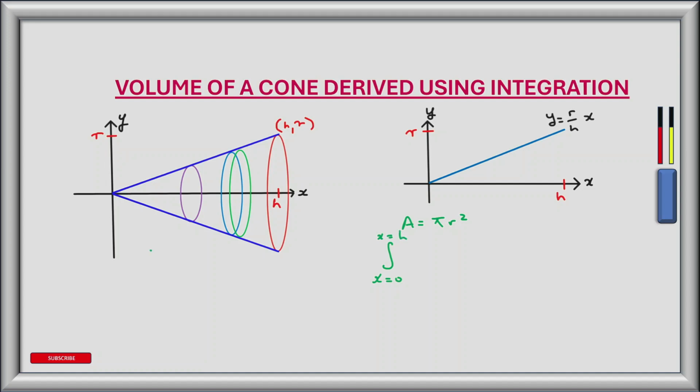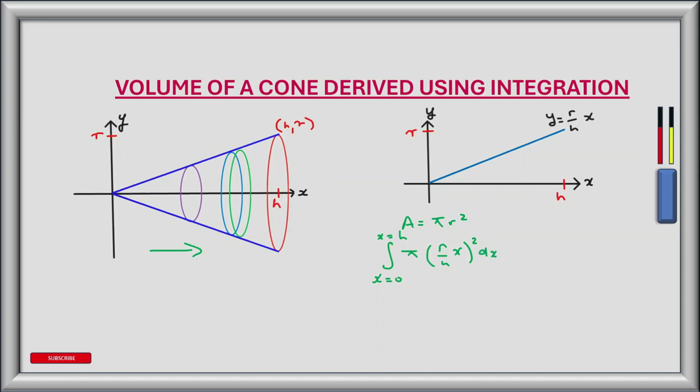So we're integrating in this direction, and we integrate pi multiplied by the radius of any one of these circles, as we've already seen, which is r over h x, squared. And as we're integrating in the x direction, for each infinitesimal circle we need dx.